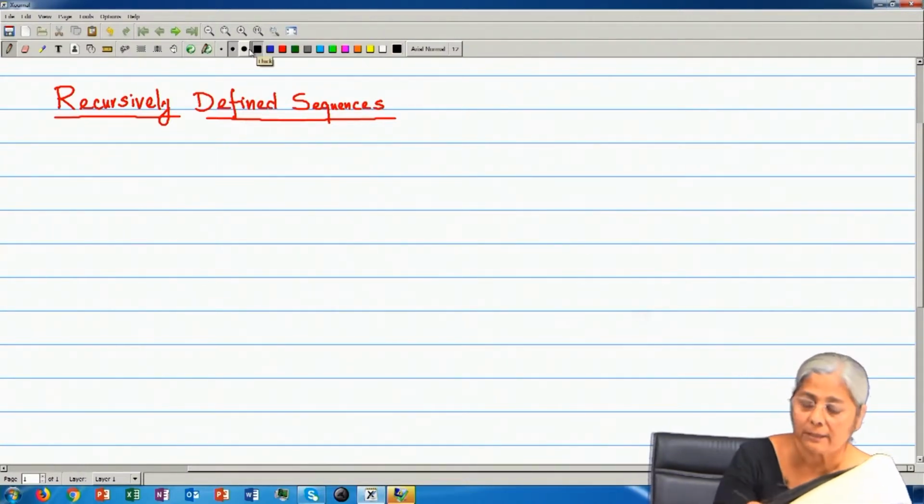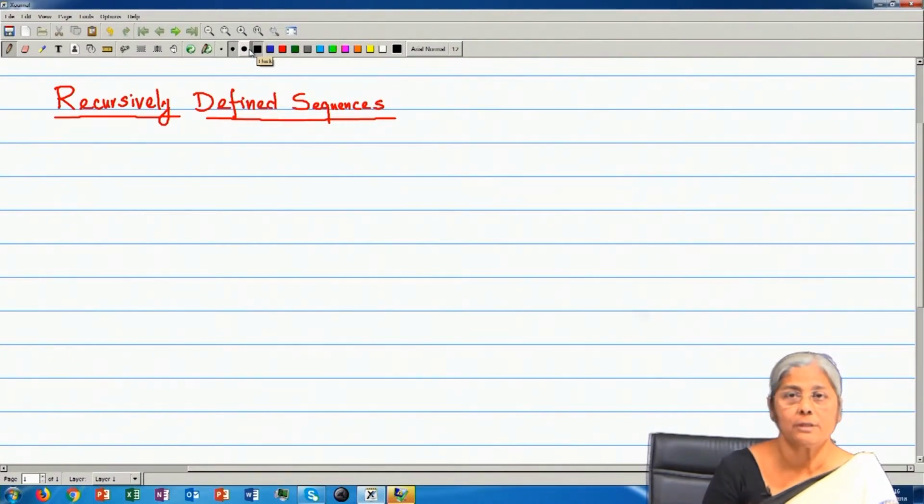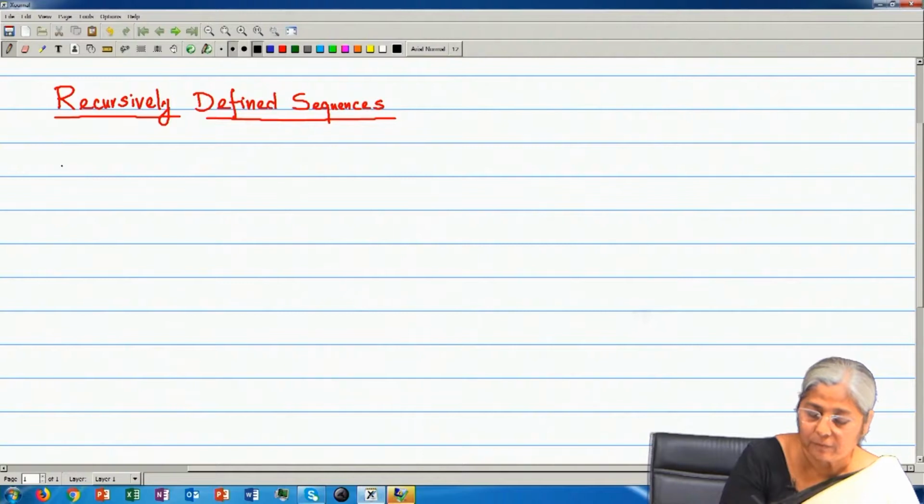We introduce an integer sequence which is popularly used in combinatorics and in graph theory. It is called the Fibonacci sequence.